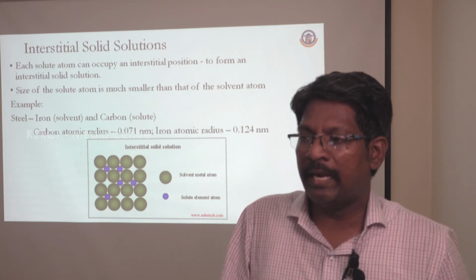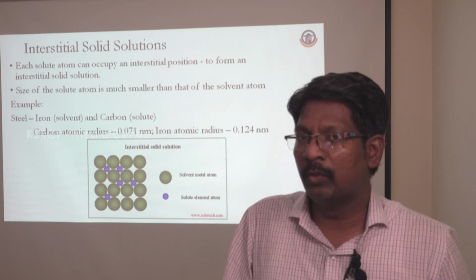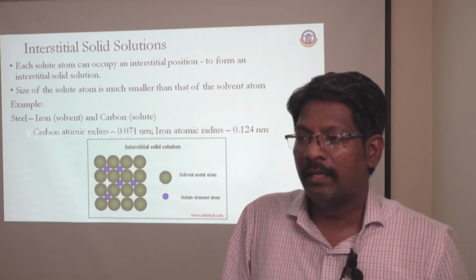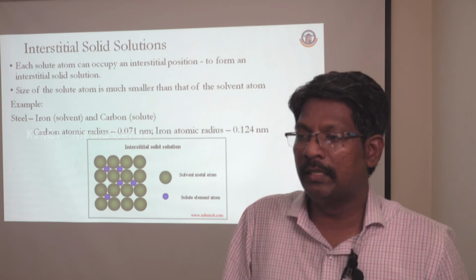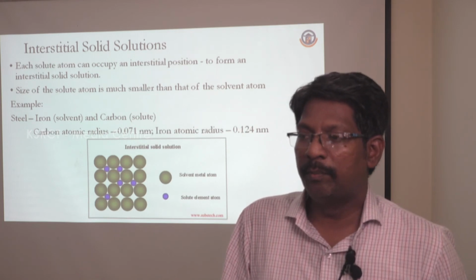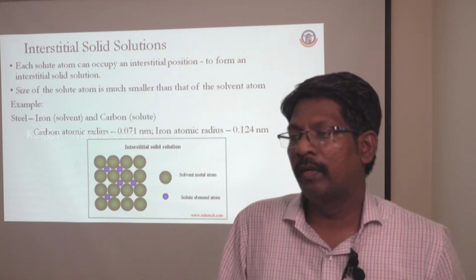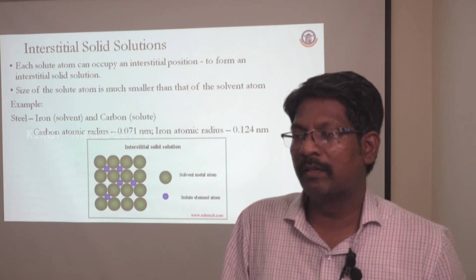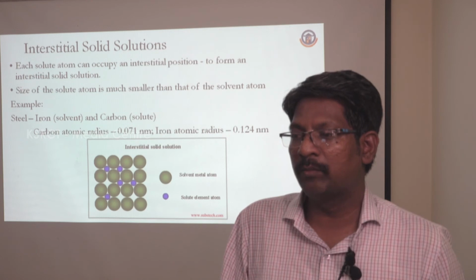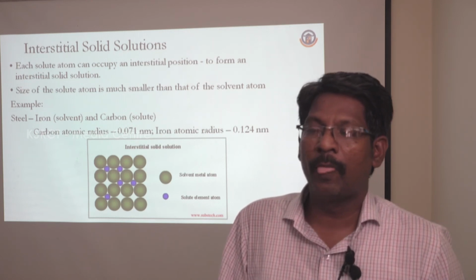The added carbon solute atoms get into the gaps between these solvent atoms. That is, in between the atoms of the solvent, the solute atoms get in and are placed there. This kind of solid solution formation is called an interstitial solid solution, since the solute atoms get into the interstitial gaps of the solvent atoms.